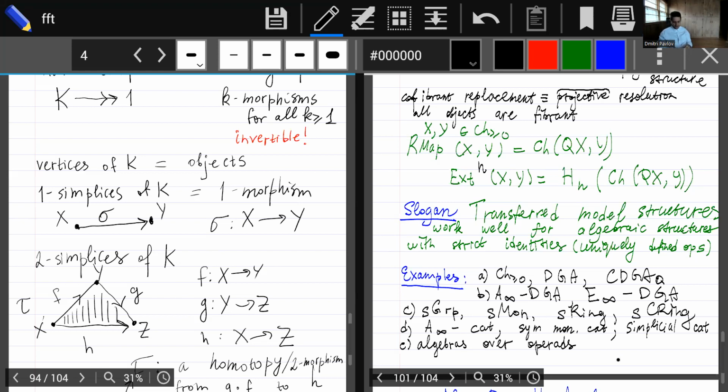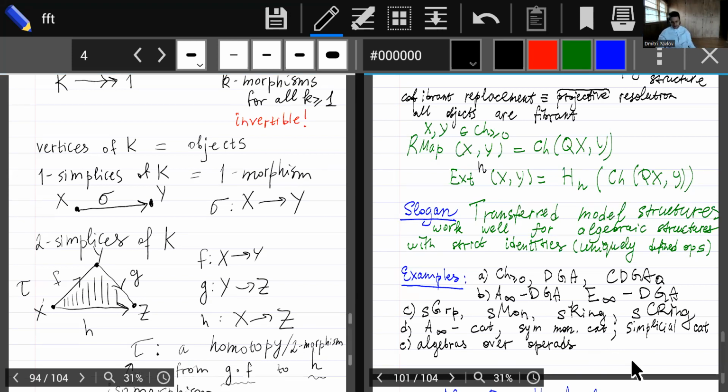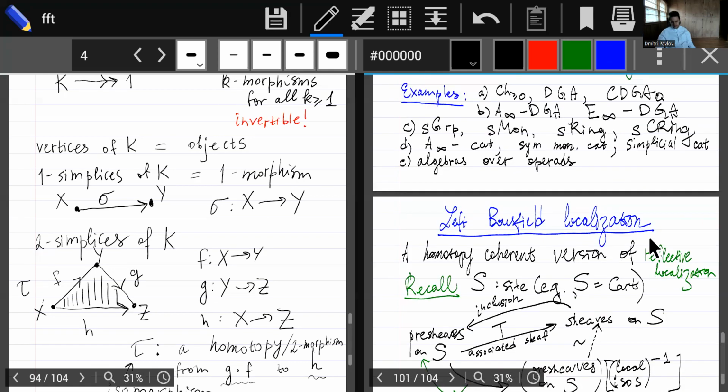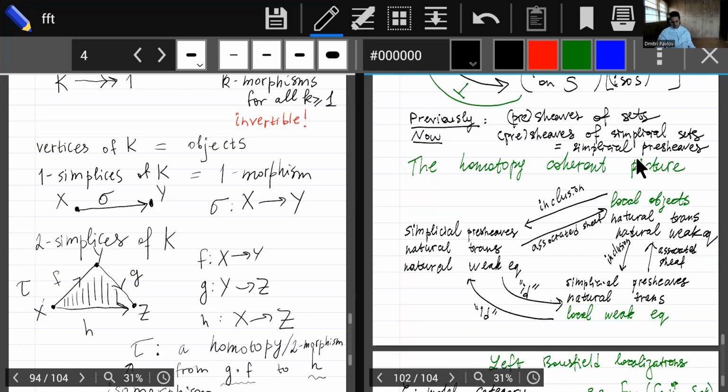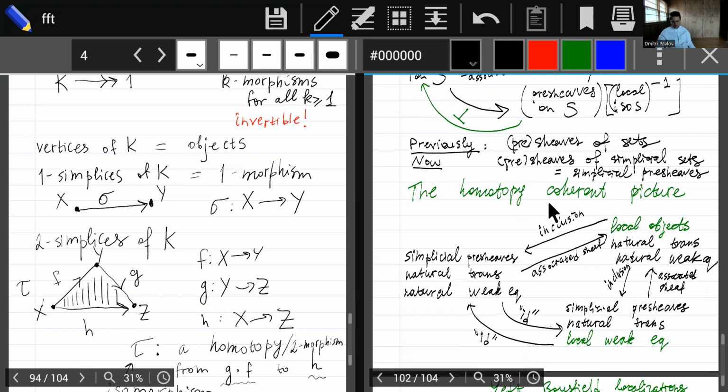So we'll need many such structures in what follows. And just to give you some examples, maybe one example that we will consider almost immediately will be the example of sheaves and the homotopy coherent descent condition, where the operation of gluing a compatible family is not defined as a strict algebraic operation, but only up to some contractible choice.